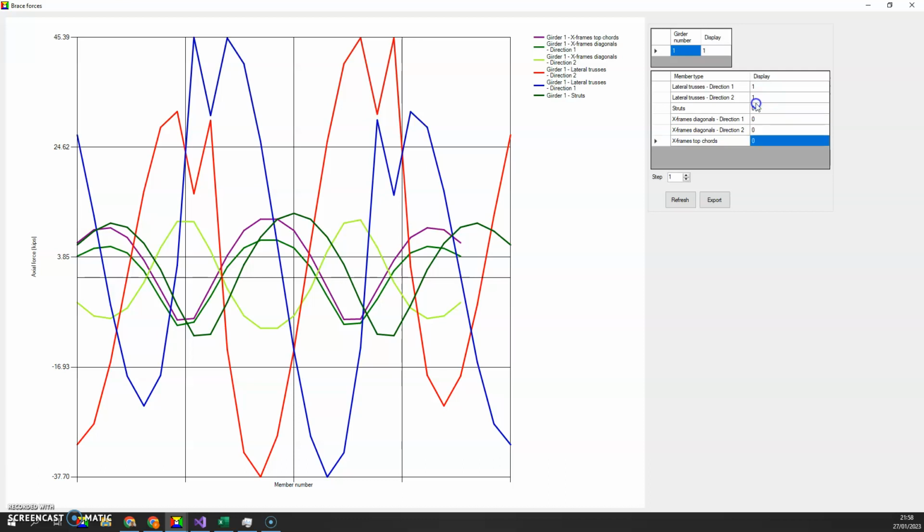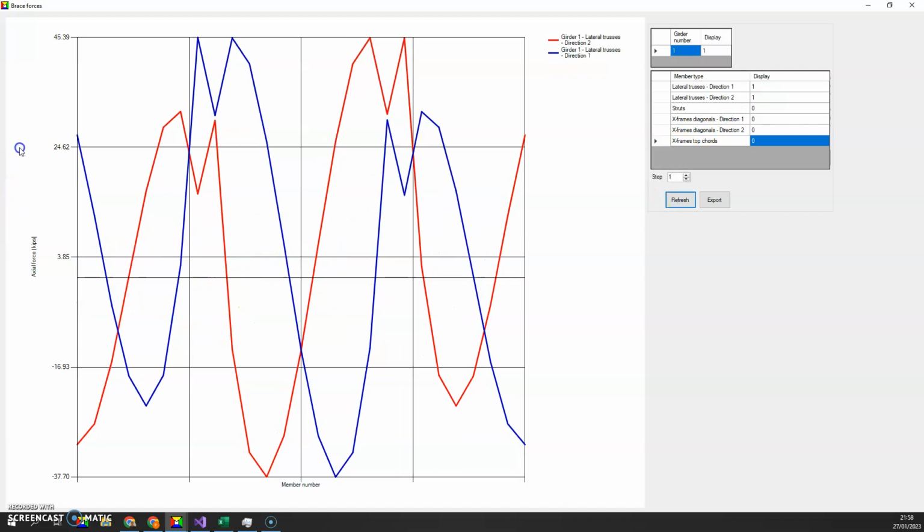So we will just enter zeros here and hit refresh. And you see the maximum compressive force that the lateral brace will see during the placement of the wet concrete. That force is equal to about 38 kips. So that's a pretty sizable force.